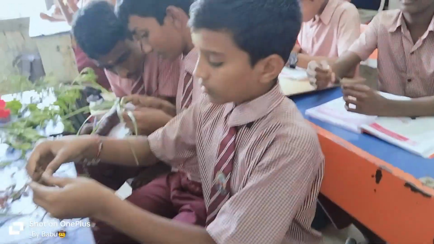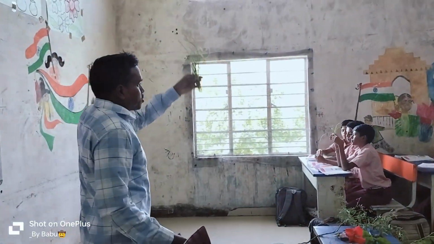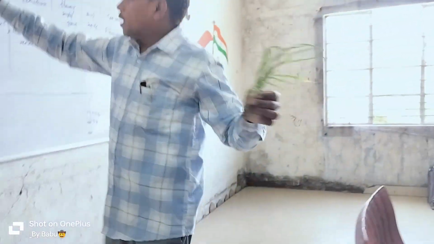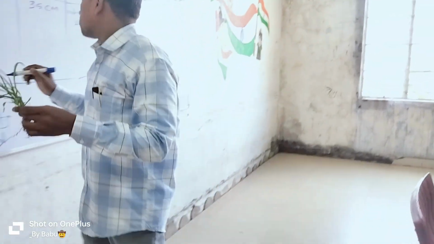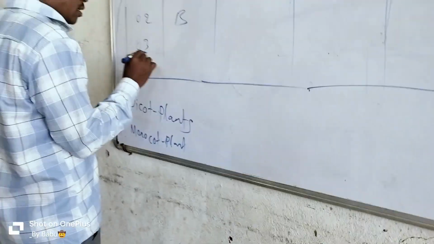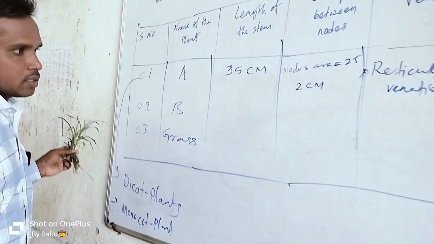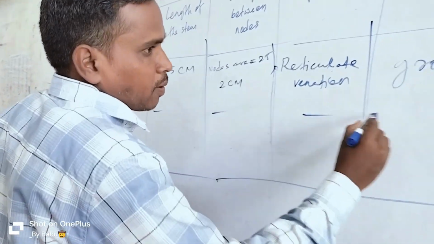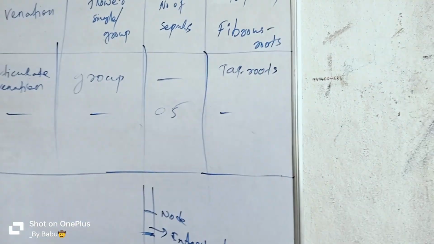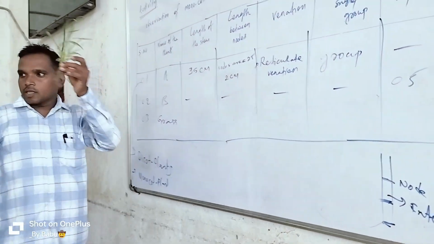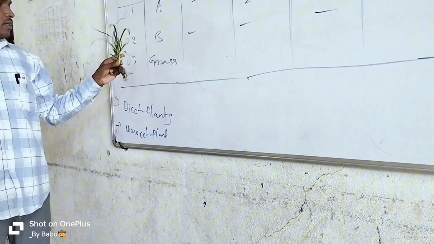Now we can observe it. Name of the plant is grass. You have to fill in the B plant, which I will provide later. This is grass. See, the third plant is grass.